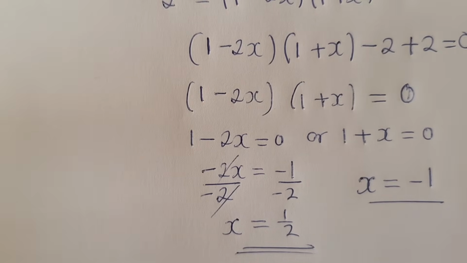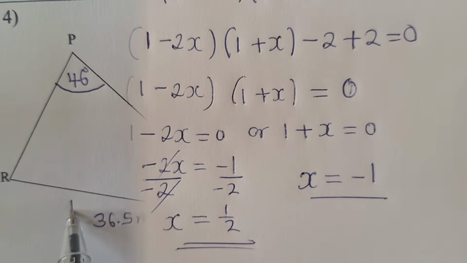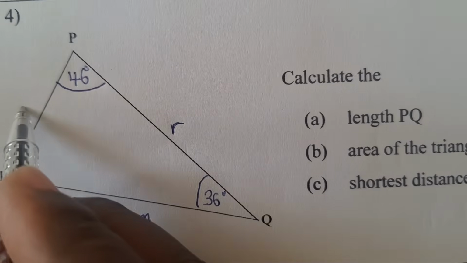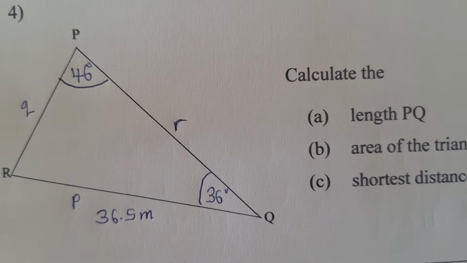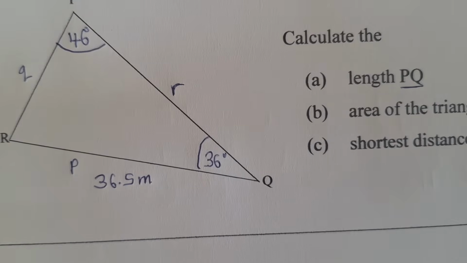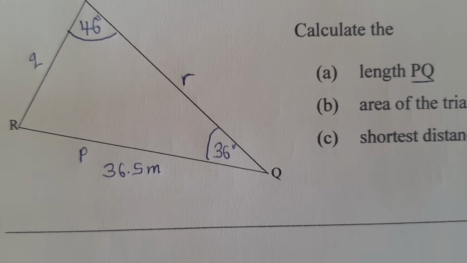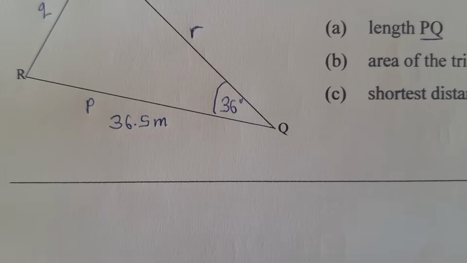So from here, we go to the next question, of course. That is question 4. The sides will be represented using small letters, and the capital letters are representing angles. This is what we are finding, PQ. So PQ, if you can see, we've got 2 angles and 1 side. We're supposed to use sine rule.